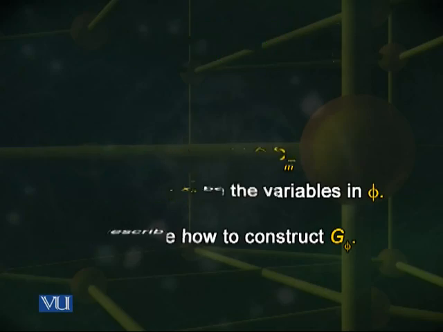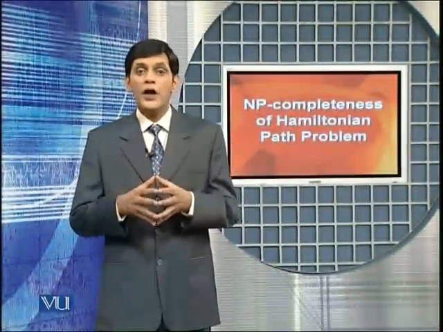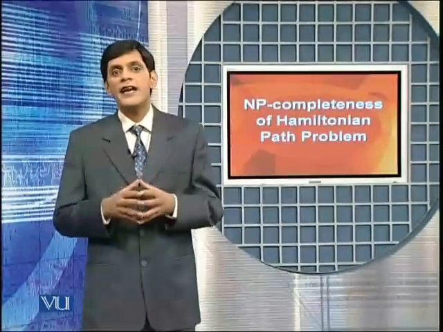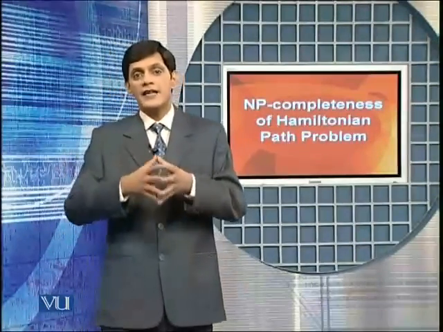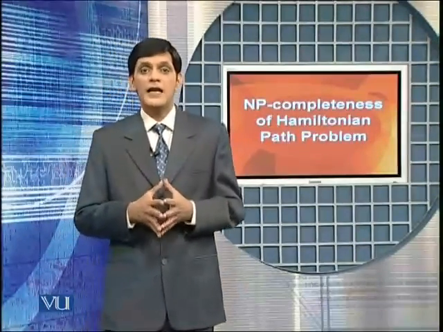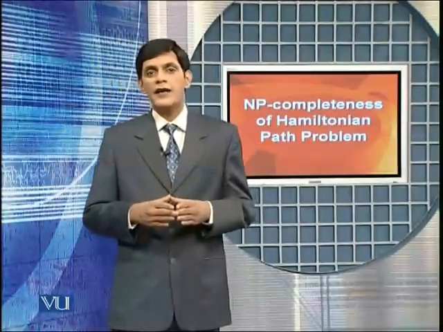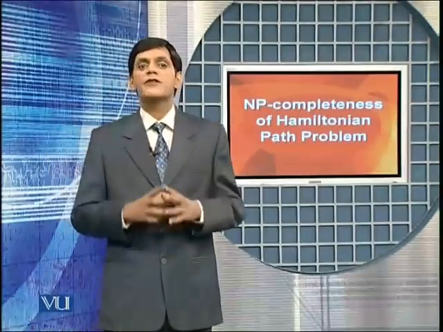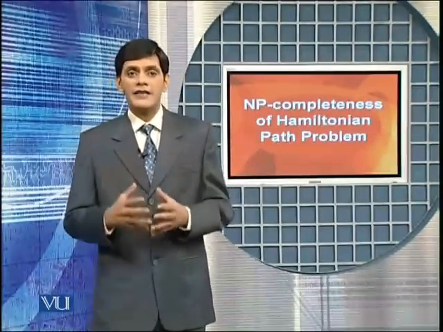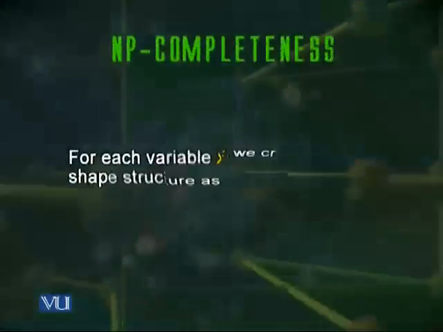So we have a formula phi which has m clauses C1 up to Cm, and n variables x1 up to xn. What we will do is define a graph by looking at this formula phi. The first thing that we are going to do is, for every variable, make a diamond-like structure in our graph that is shown to you in this figure.